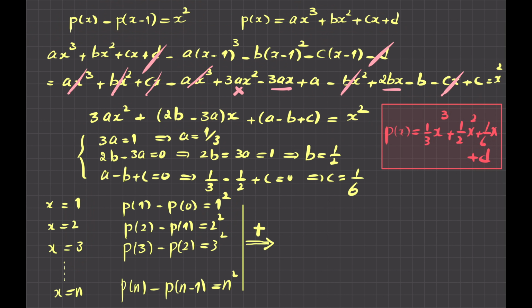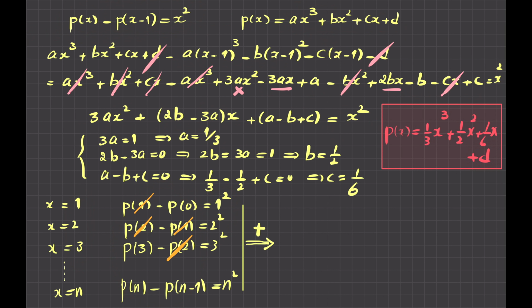So now the interesting thing that happens is that the left hand side is a telescopic sum. What does it mean? It means that this term is cancelled by the next one. This term is cancelled by the next one, because the difference between x and x minus 1 is always 1 unit. So the next term coming from the next row will cancel the previous term.